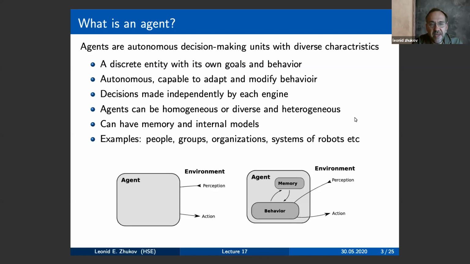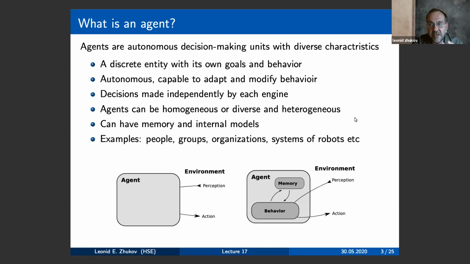Now, the agent can be very simple and have just if-then rules, react easily to the environment, and have no memory at all. Or it can have memory and remember previous states and steps, and depending on that, choose appropriate actions.